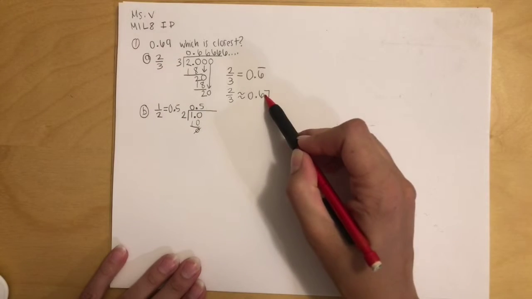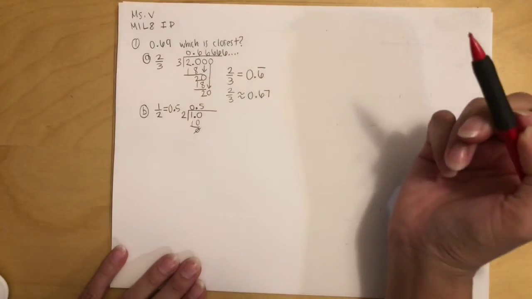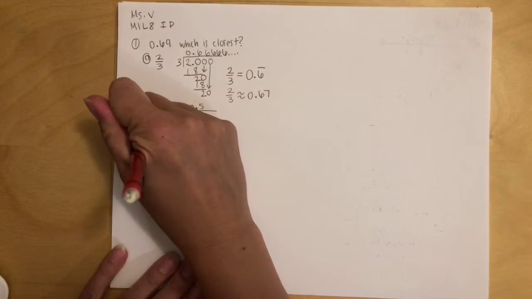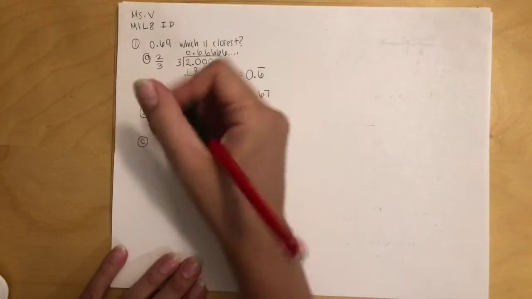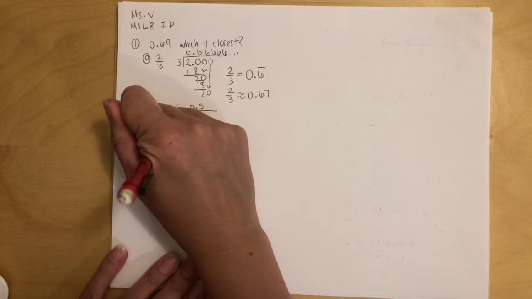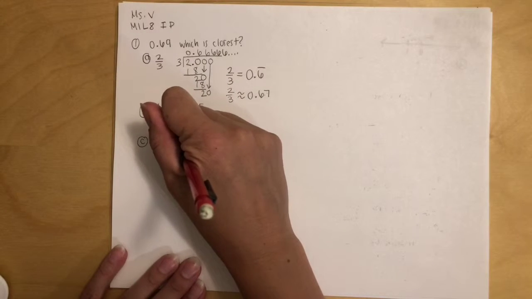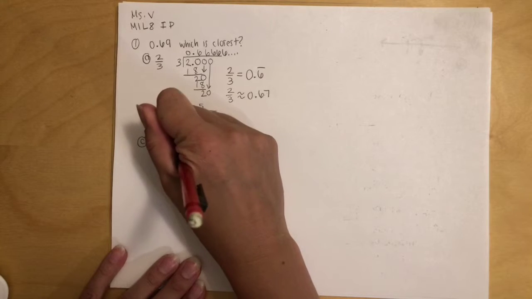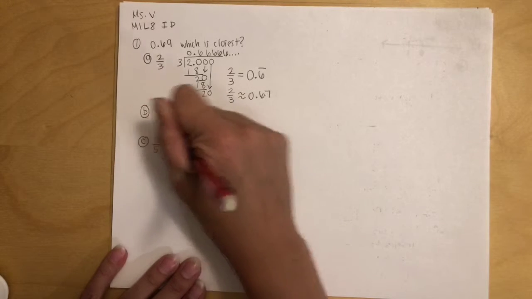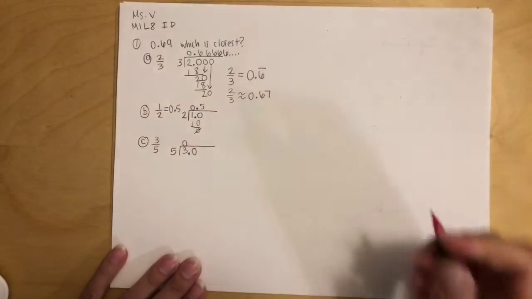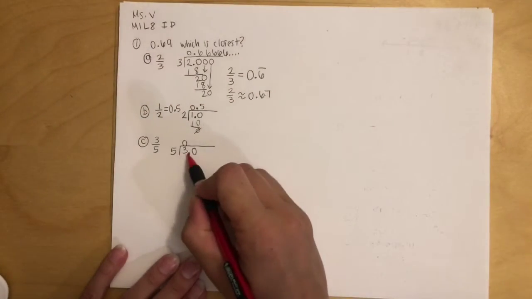Actually 0.67 is closer to 0.69 than 0.5 is. Let's keep going. C, 3/5. I do not have this one memorized, so let's do this. 3 divided by 5, put the 0, put the decimal and the 0. 5 goes into 30.